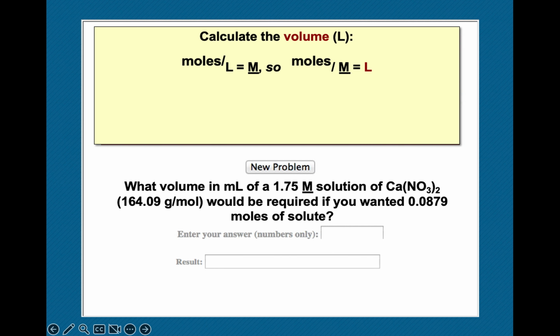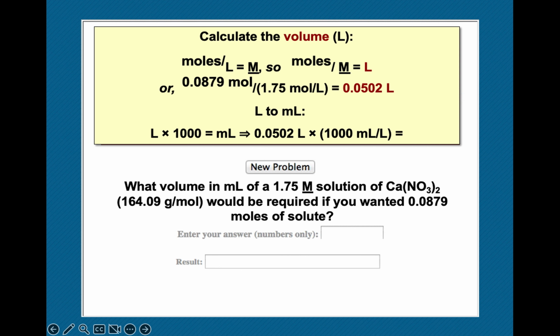Volume is going to be moles divided by molarity. We know molarity. We have 0.088 moles. This gives us 0.05 liters. Convert that to mL by multiplying by 1,000. 50 mL.